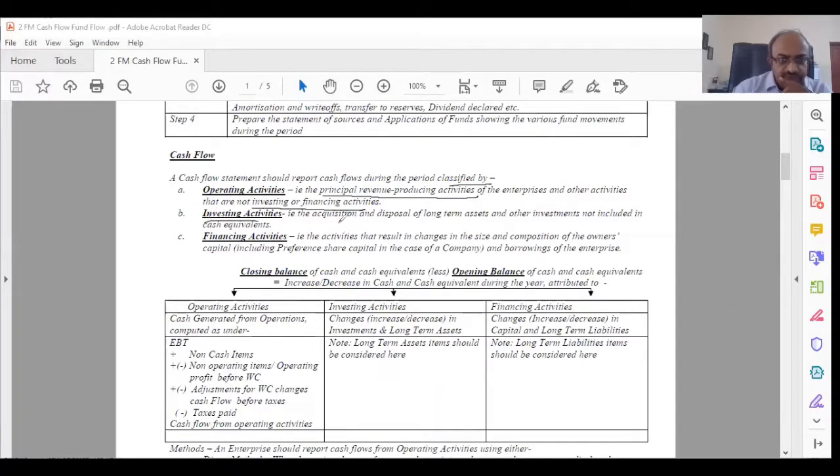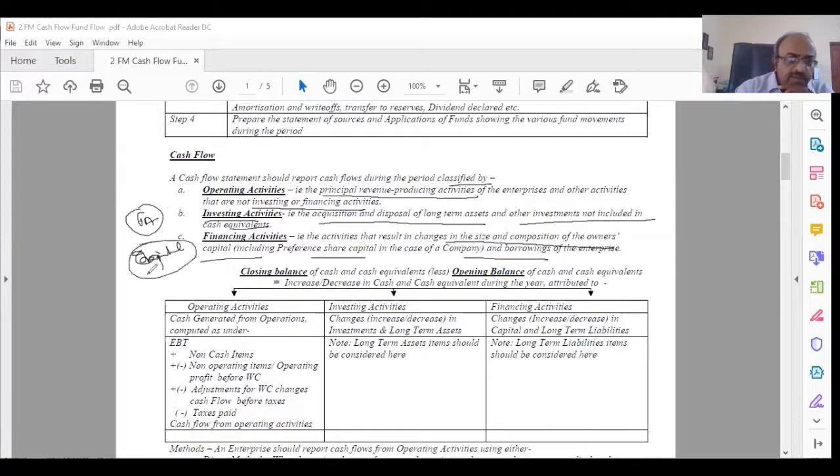Investing activity is acquisition or disposal of long-term assets and other investments not included in cash equivalents. Financing activity is the result of changes in the size and composition of the owner's capital, preference share capital. So basically, fixed assets will come where investing is, your capital-related assets. Dividends, all those things will come under financing.